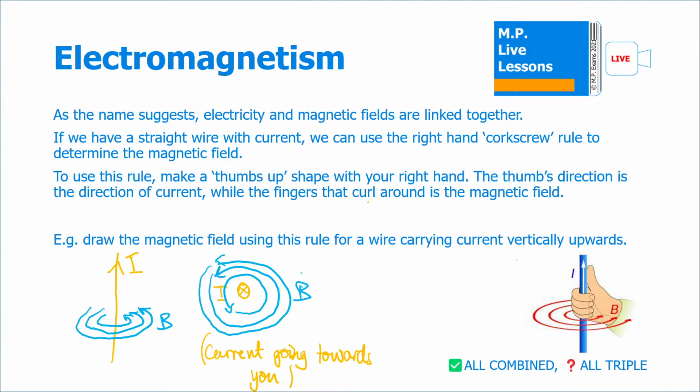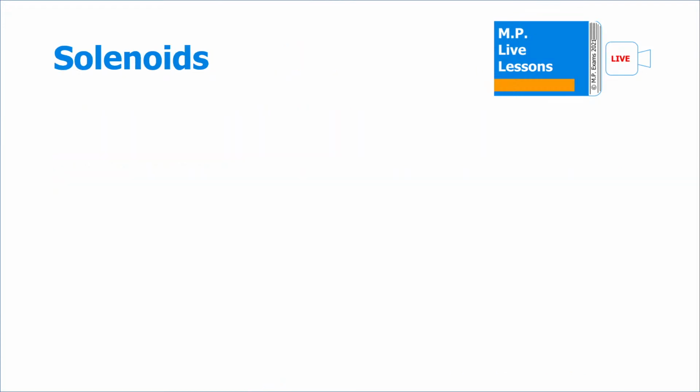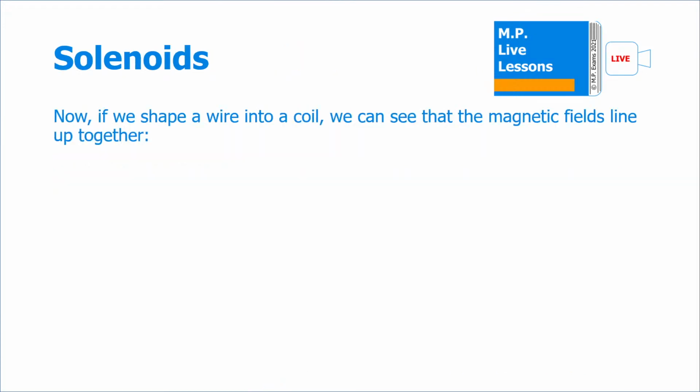So just remember, you need to draw multiple lines for magnetic fields. Next, we need to know about solenoids. So let's say we shape a wire into a coil, we can see that the magnetic fields line up together.